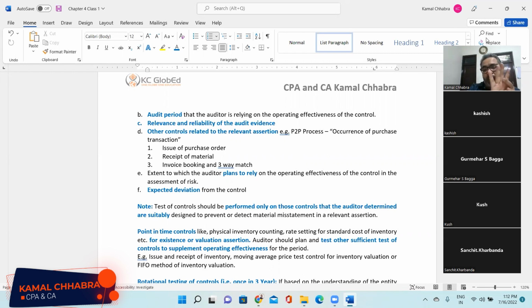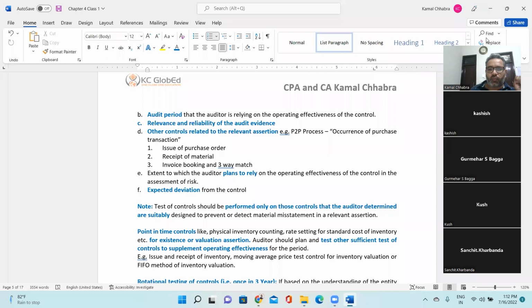That means you are testing 4 controls for a single assertion, which is called occurrence of purchase transaction. So if the 4 controls are helping you mitigate the same risk, then generally the risk in that particular area is low, and you can test fewer samples compared to individually testing so many samples for the respective assertion, right?